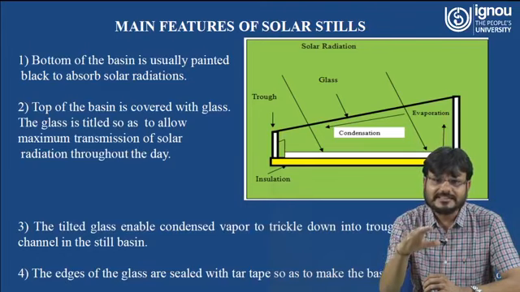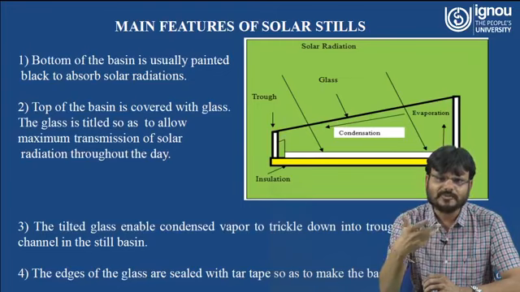Now the heat at the absorber will be transferred to the water inside the chamber. That means the water becomes heated, and if water becomes heated, it will start to evaporate.